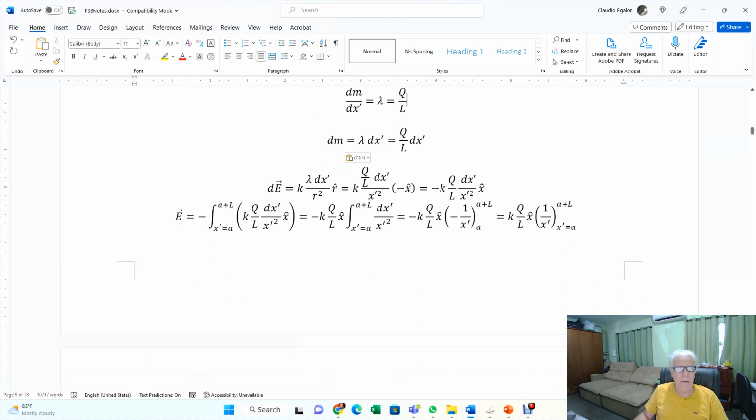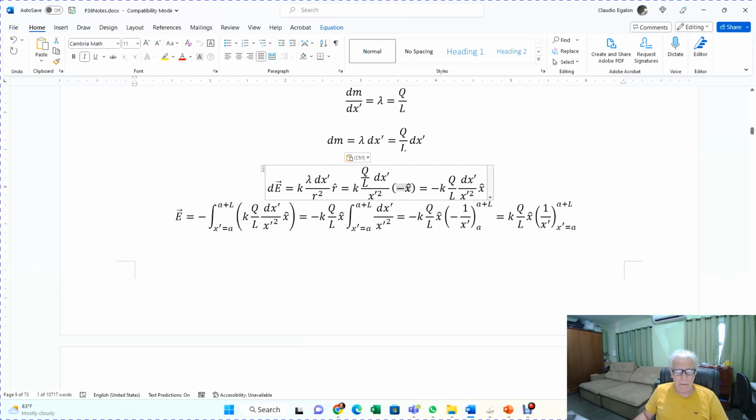And now we can substitute what we see here right in here. And that's what I did, right? Lambda dx prime becomes Q over L dx prime. And because the charge is positive, the r hat vector becomes minus x hat vector.